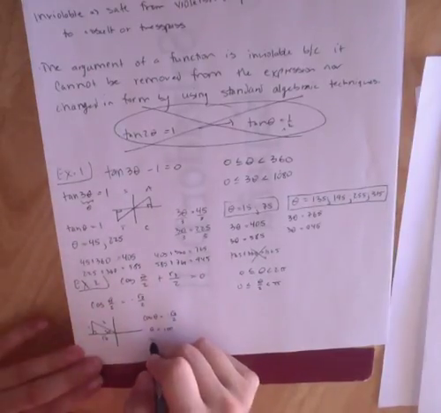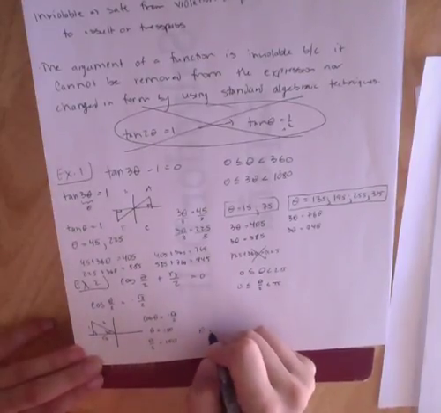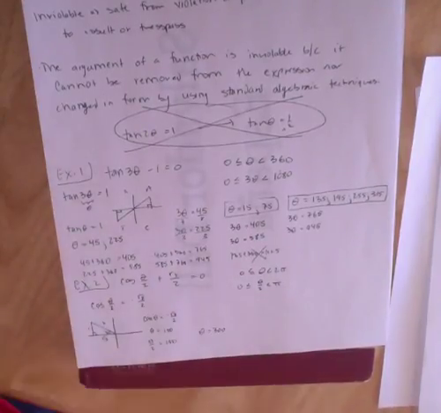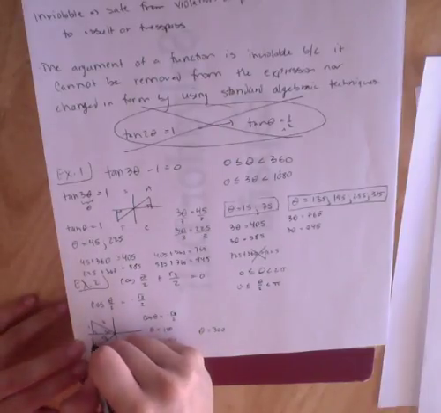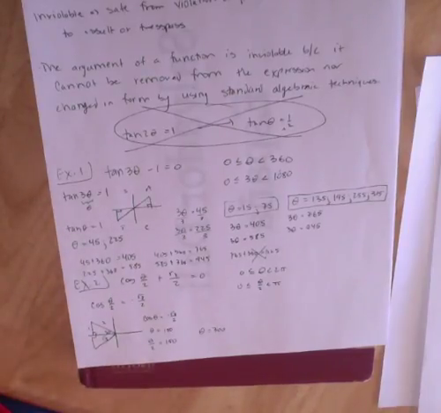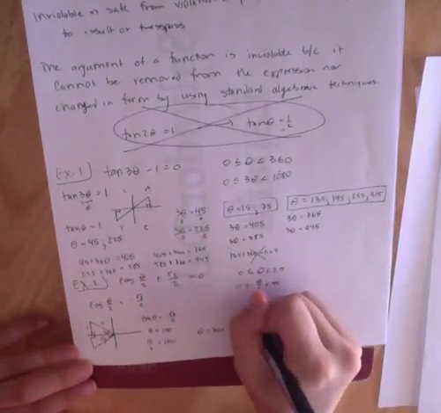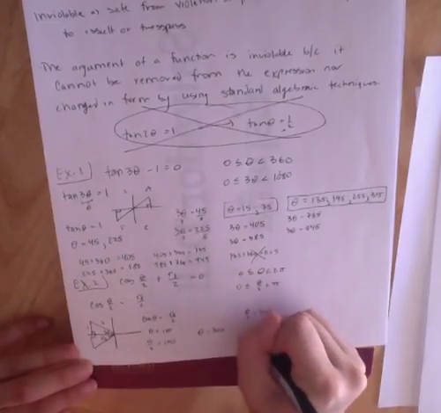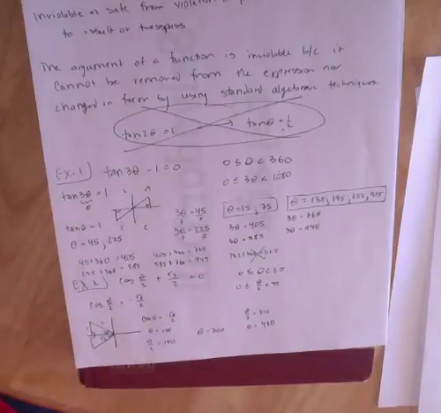So what this is telling me is theta over 2 equals 150, so theta is 300. We also know that cosine is negative here at 210. So theta over 2 equals 210, so theta is 420.